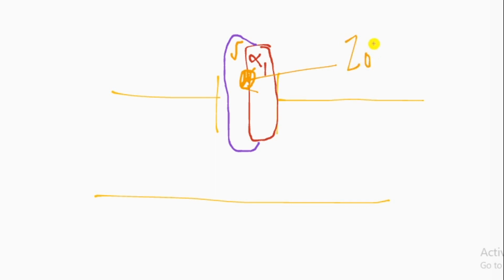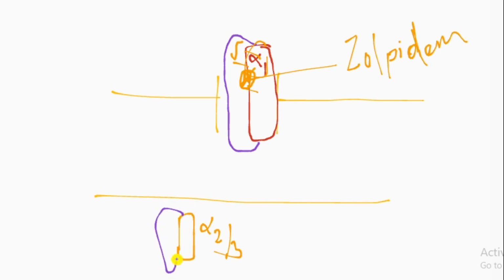So zolpidem has the effect only at the alpha 1 GABA binding site, not at alpha 2 or 3 with GABA.